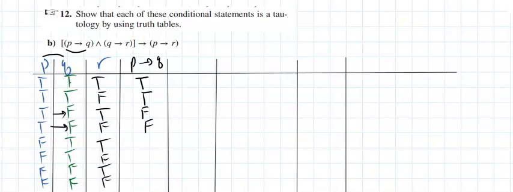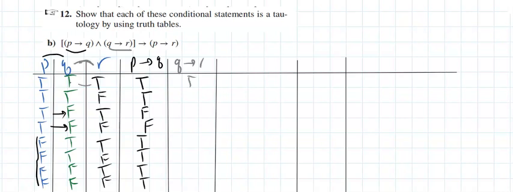Because if the if part is satisfied, the then part should be. If the antecedent is false, the outcome is automatically true no matter what. So if it rains, there must be clouds. If it doesn't rain, there could be clouds, there could be not clouds. Either way, it's acceptable. Now I want to check Q implies R. Those two, the same deal.